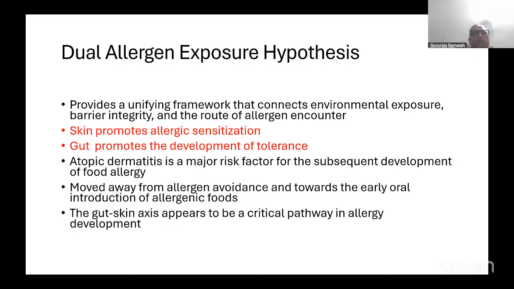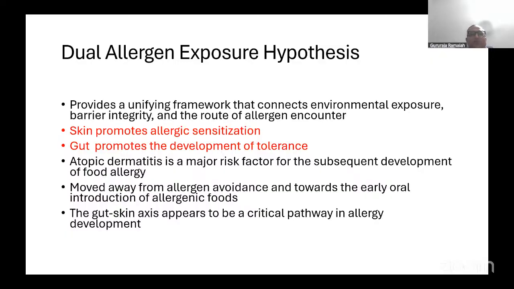Low dose exposure to the skin, particularly through an inflamed and compromised skin barrier that happens in atopic dermatitis, promotes allergic sensitization. In contrast, early and high dose exposure in the gut promotes the development of tolerance. So that means skin is allergy prone and gut is tolerance prone.